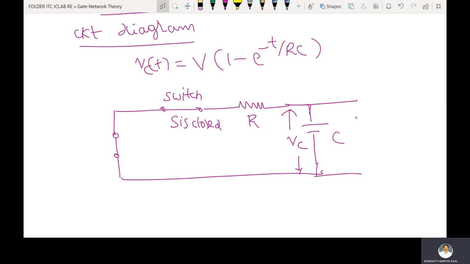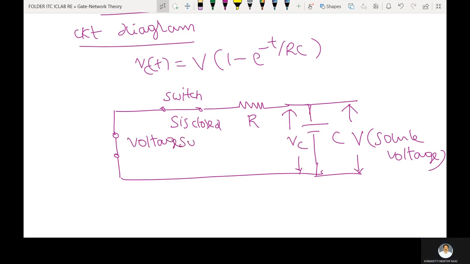At the instant steady state has been reached, the capacitor is fully charged to the source voltage V. At that instant, the voltage source acts as a short circuit.